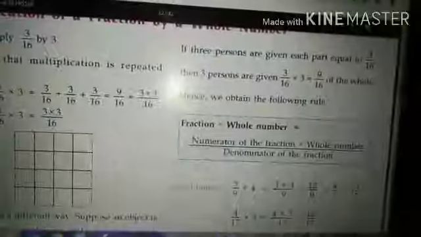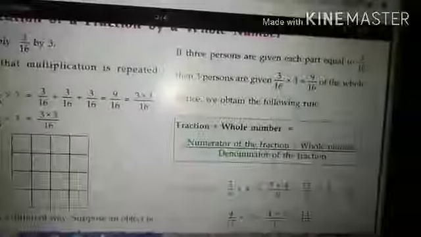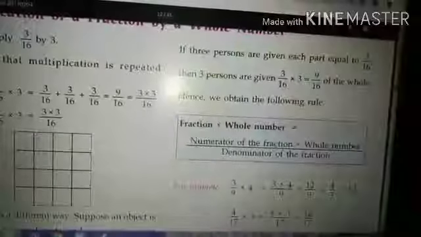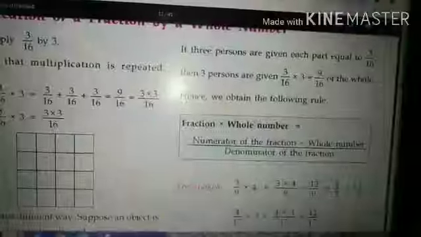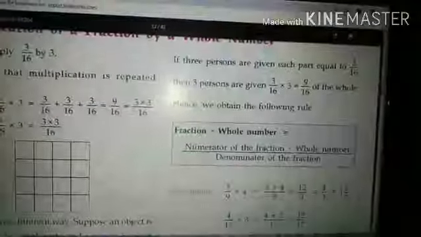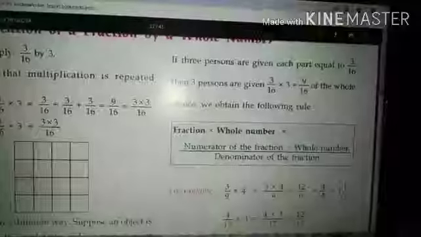Students, you can see here 12 and 9 both come in the table of 3, so we can cancel by 3. 3 threes are 9 and 3 fours are 12. So the equivalent fraction of 12/9 is 4/3. This is an improper fraction, because the numerator is greater than the denominator.